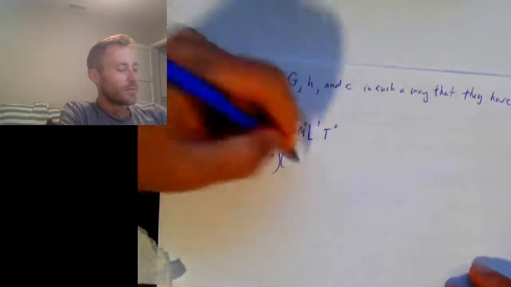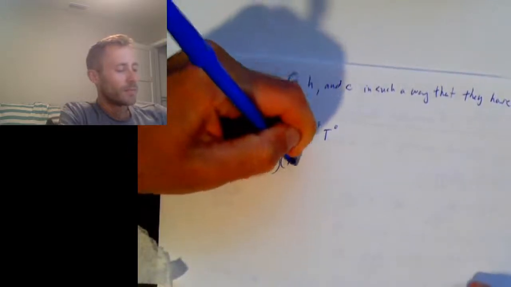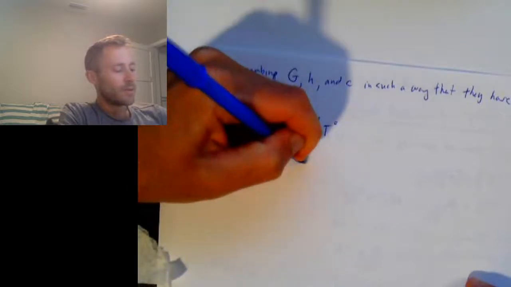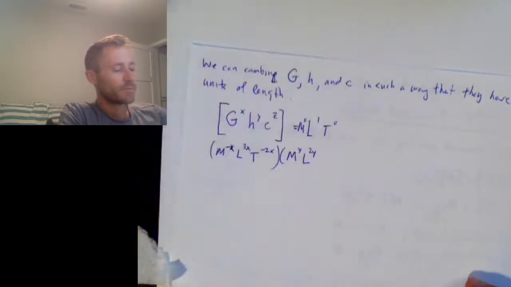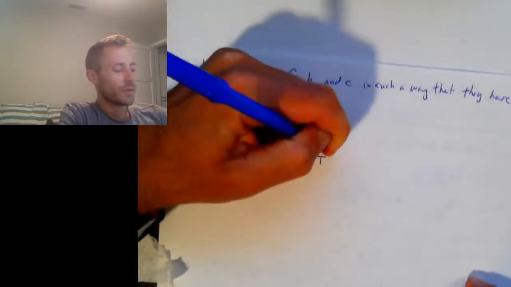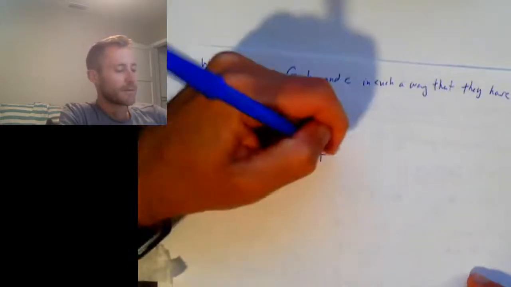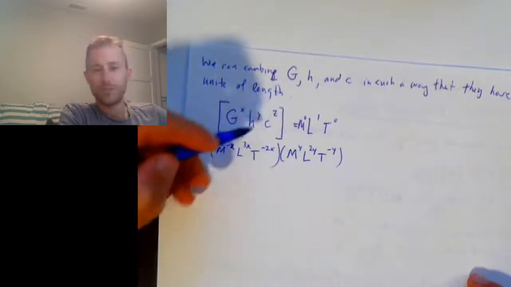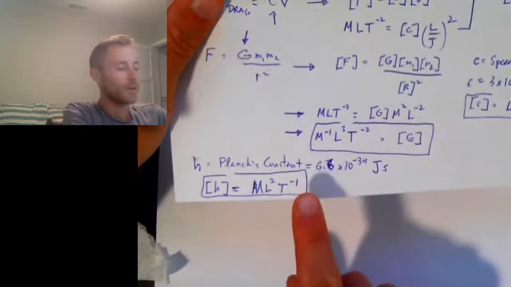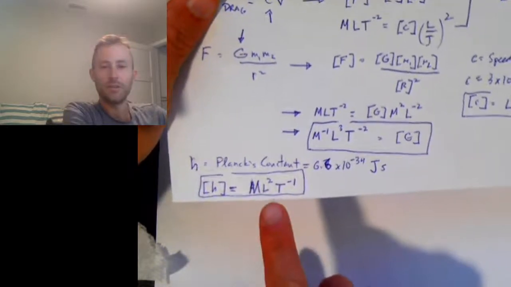So I have m to the y, l to the 2y, and t to the minus y. So that is the units of h to the yth power. Okay. So again, I just took this expression right here and I raised it to the yth power. So I have m to the y, l to the 2y, t to the minus y.